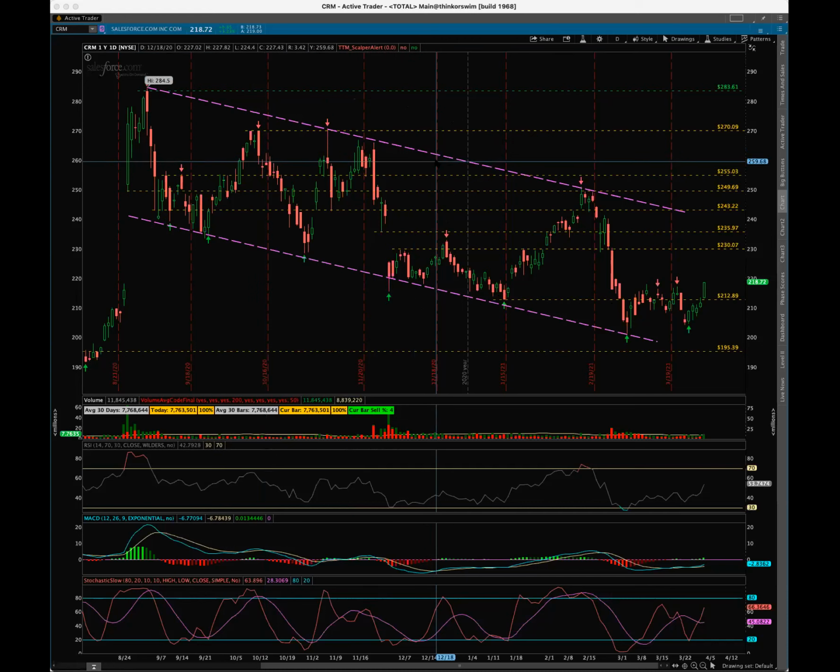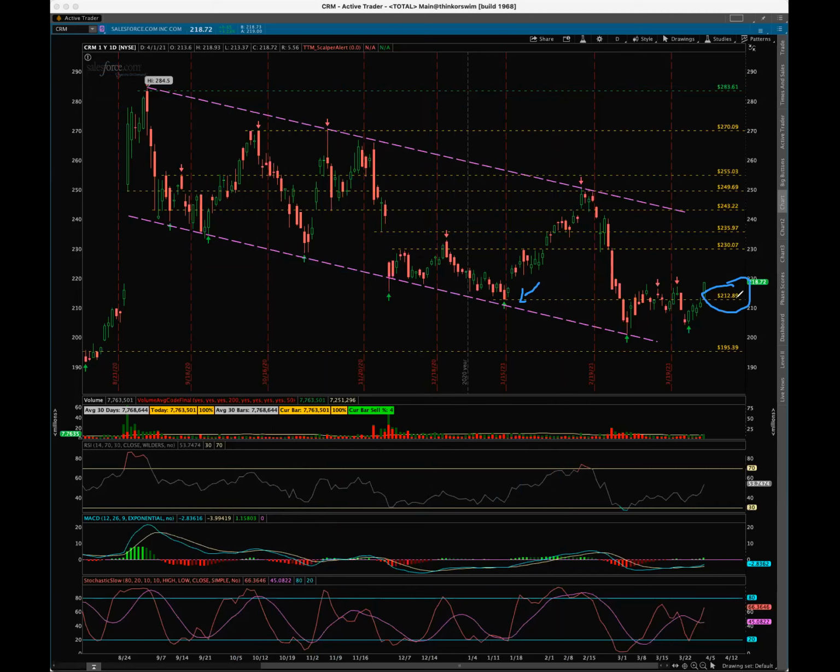For CRM on Thursday, because Friday was closed for Good Friday, let's just ignore Friday's action. In hindsight, just ignore that little candle. This stock appeared on my watch list because we were very close to breaking previous resistance, which I marked on my price chart as 212.89.